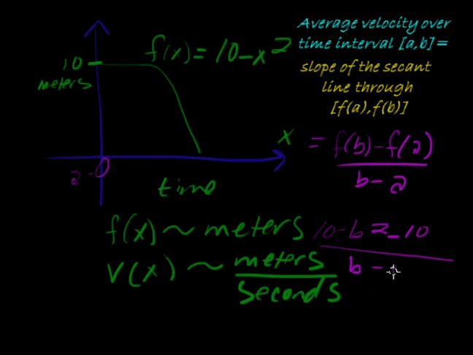All over b minus a, which is just b minus 0, right? Which would just be b. Which is, so if you have positive 10 and negative 10, that would be negative b squared over b. And this b crosses out with this b, so that would just be negative b.